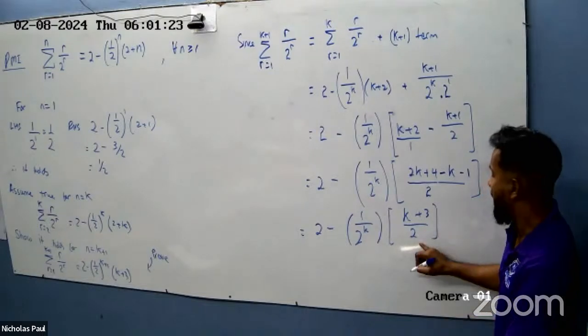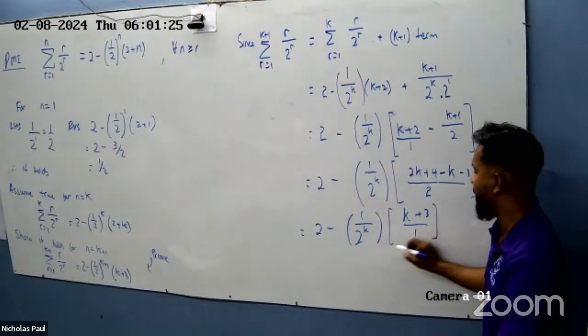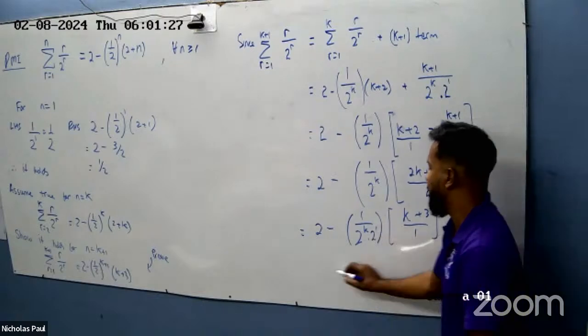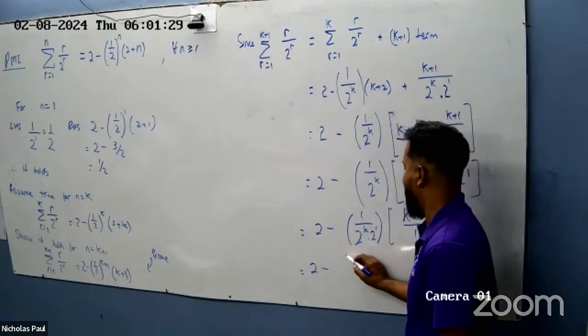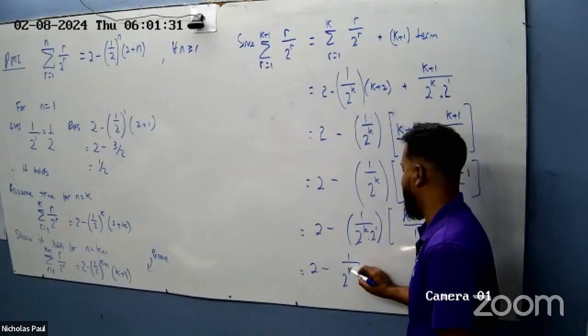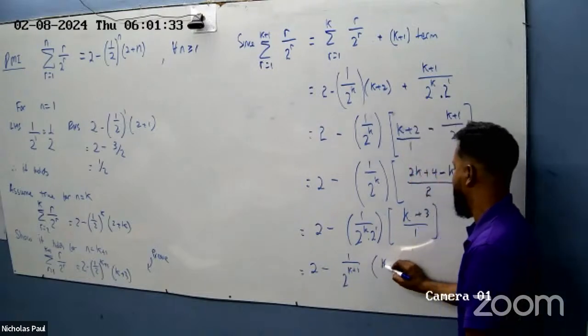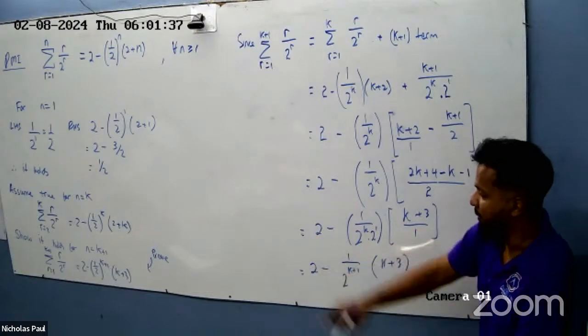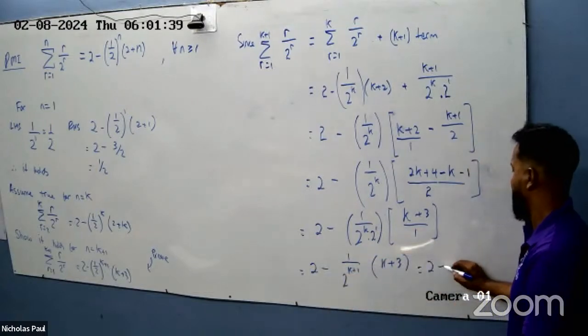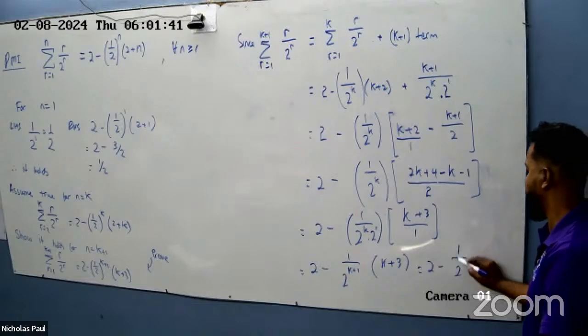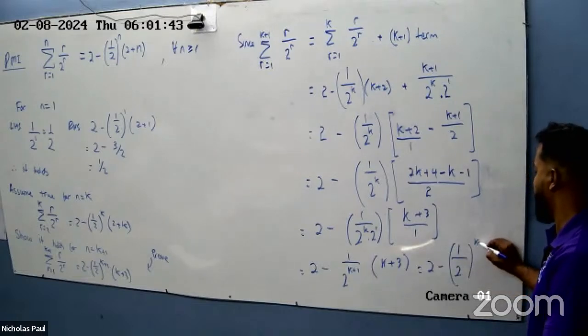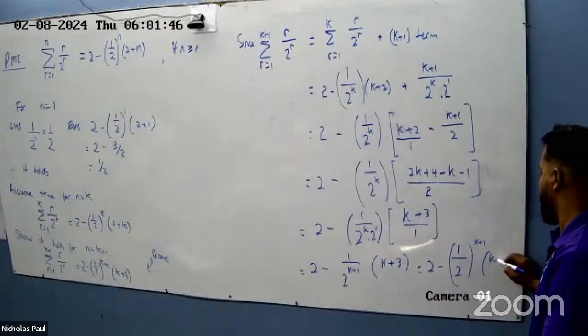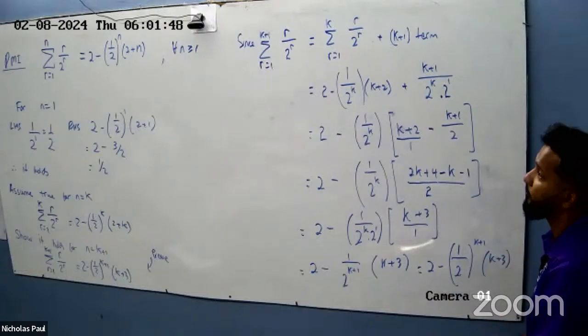I could factor out this 2 and bring it here. So I'll end up with 2 minus 1 on 2 to the k plus 1 by k plus 3, which is the same as that.